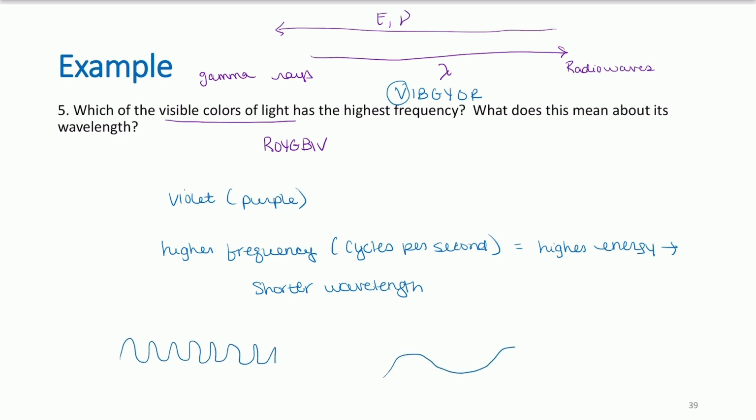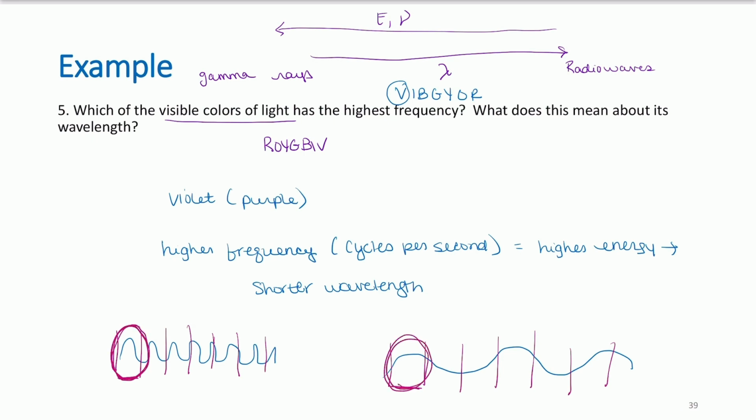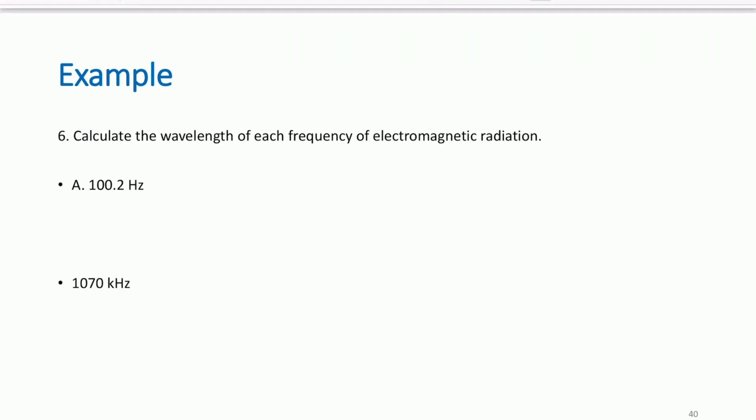This compared to this. If this distance here is 1 second, we're getting more of a complete cycle in here than we are over here, a partial cycle. So higher frequency, higher energy.